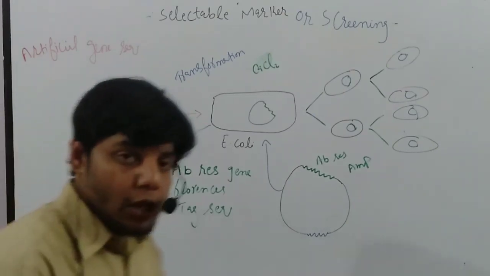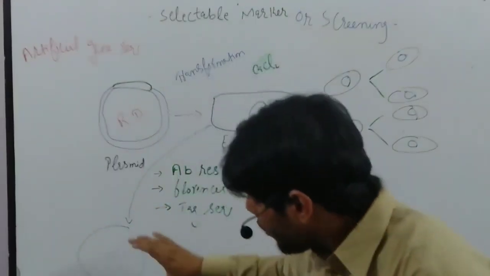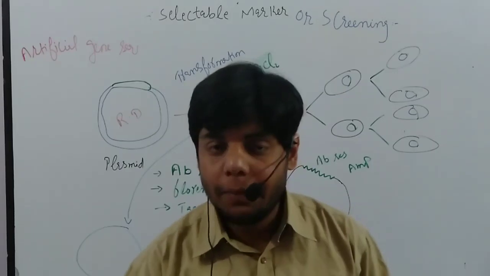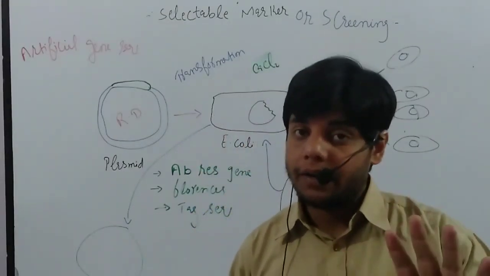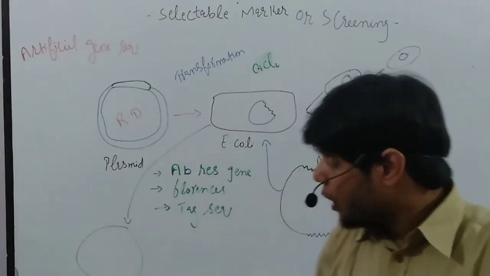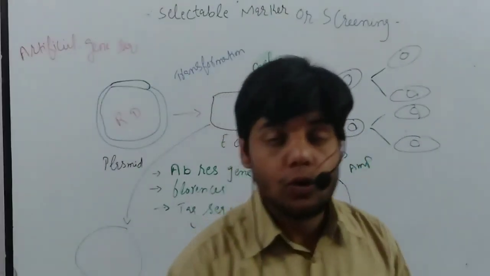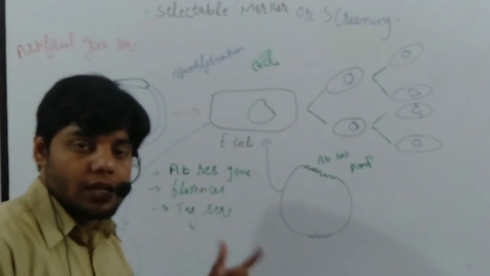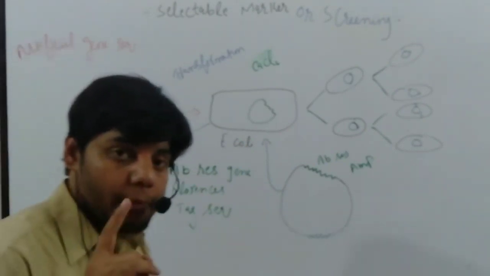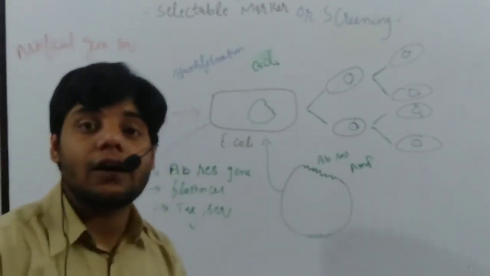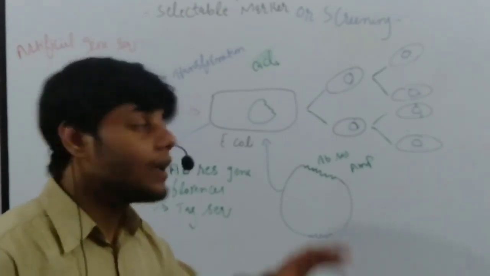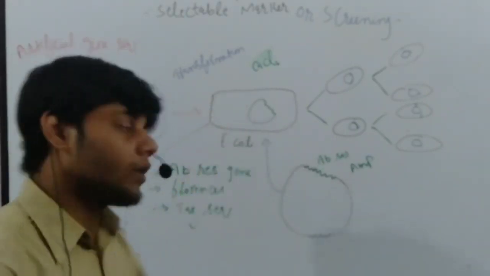But remember what we are going to do. We should make agar plates having ampicillin antibiotic. Once we prepare the ampicillin antibiotic agar plates, we grow our bacterial cells. Now here you will get the advantage, and see how the selectable marker works.